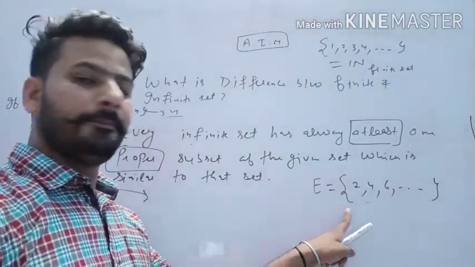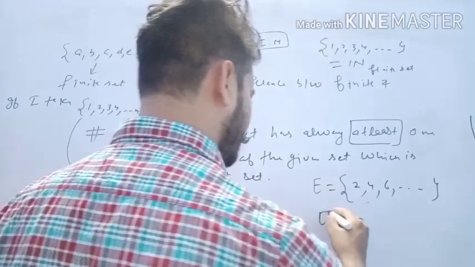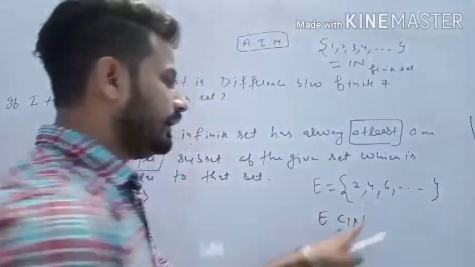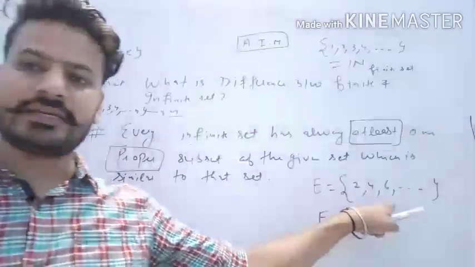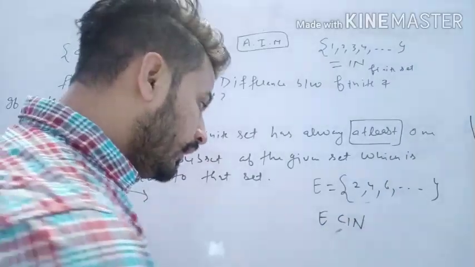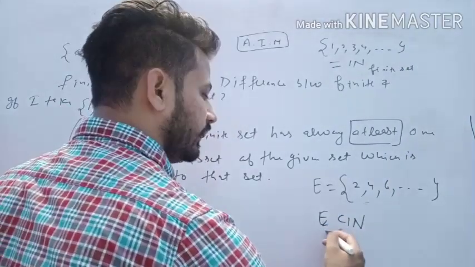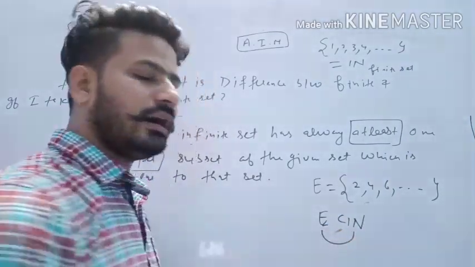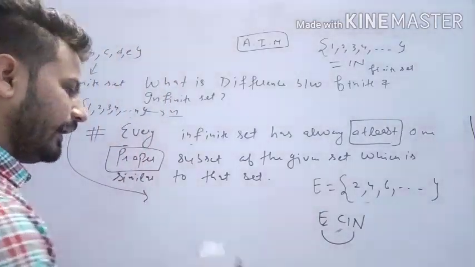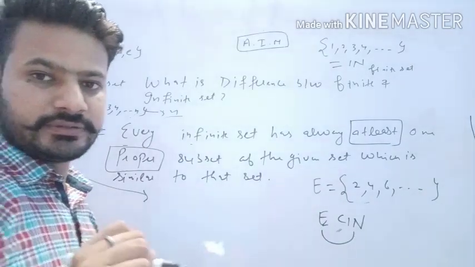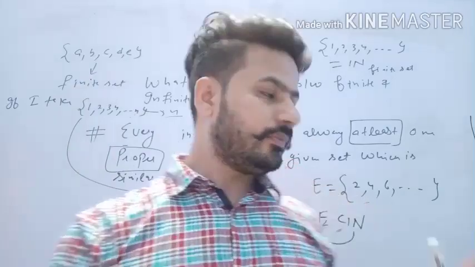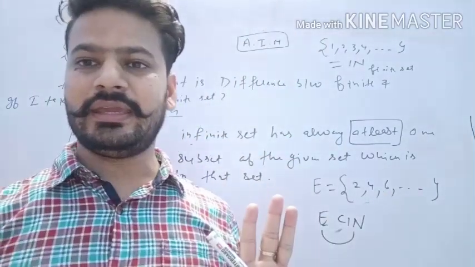This set E is a proper subset of the natural numbers, because it has only the elements 2, 4, 6 while the natural numbers have 1, 2, 3, 4 and so on. How to prove these are similar? We can prove it by 1-1 correspondence, which means there exists a 1-1 onto map from the natural numbers to E.